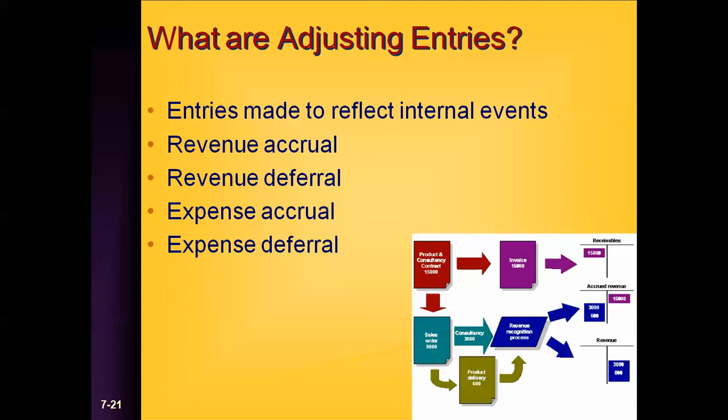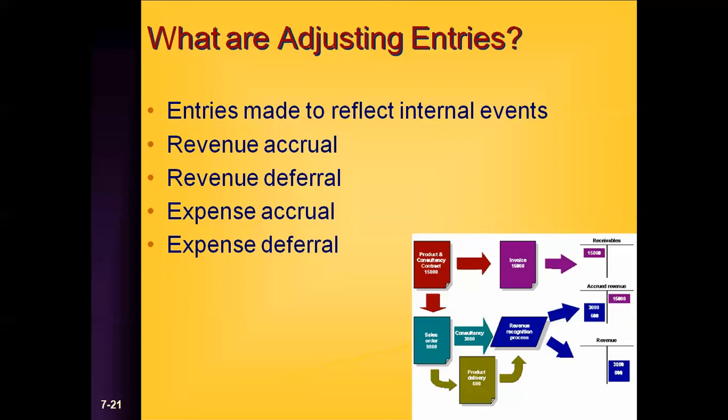On the other hand, an expense accrual would result in an increase in a liability, and that makes perfect sense. If you buy something and you pay for it on credit, that's in accounts payable, and your liability in accounts payable would increase. Now, an expense deferral would typically be a decrease in an asset.